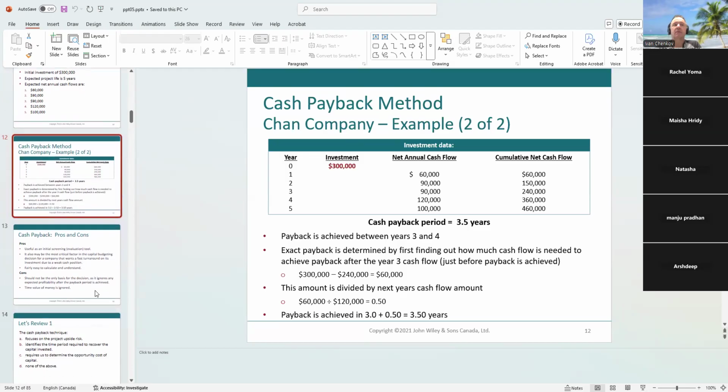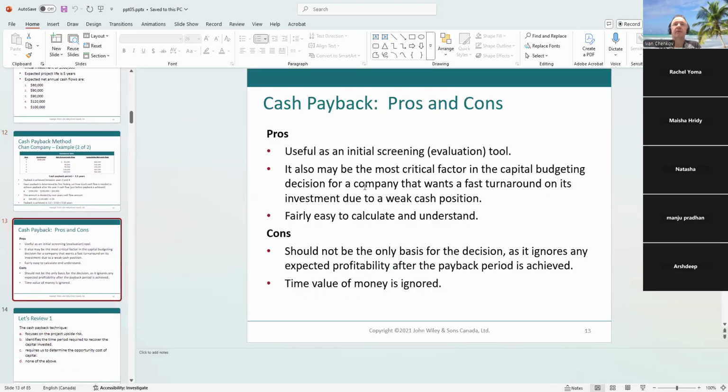Not only that, obviously, I need you to give me the pros and cons of the cash payback method. What are the benefits of having it? What are the negatives of having it? Obviously, the benefit is that you can easily see it; it's easily perceptible and easy to understand. It may be the most crucial factor for capital budget decisions, since you want to see how long it's going to take you to recover your cash if you have a weak cash position.